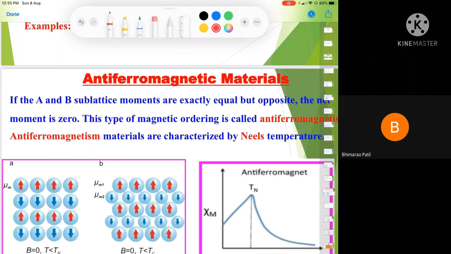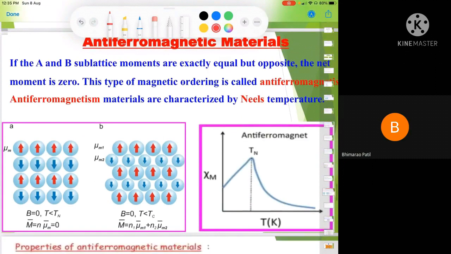Antiferromagnetic materials are characterized by the Néel temperature. If you plot a graph of magnetic susceptibility versus temperature, then as you increase the temperature of the antiferromagnetic substance, the magnetic susceptibility increases up to a certain temperature.